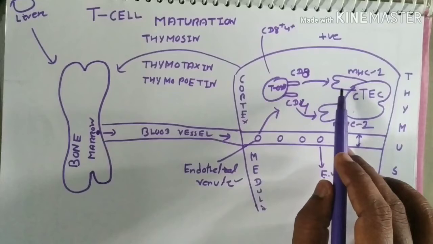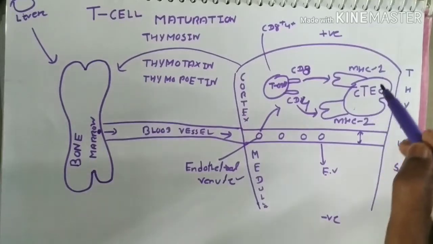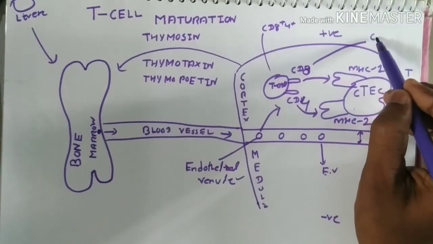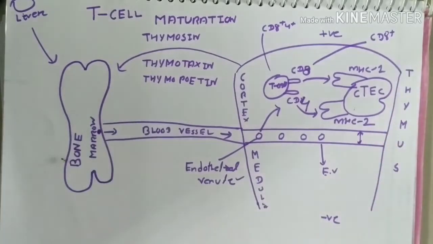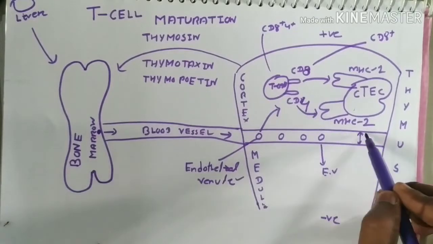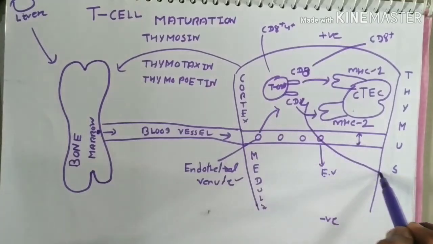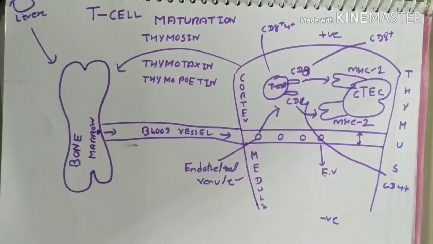When CD8 binds to MHC1, it will give a CD8 plus cell, and when CD4 binds to MHC2, it will give a CD4 plus cell.